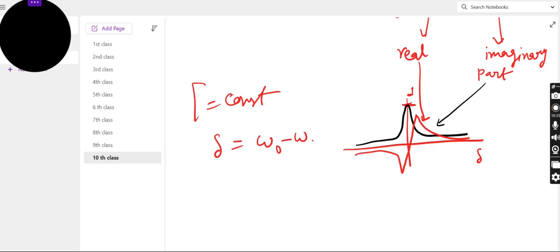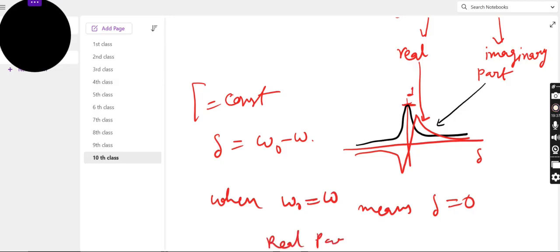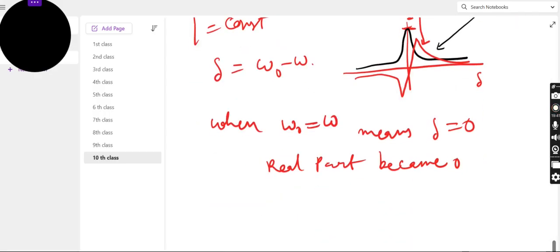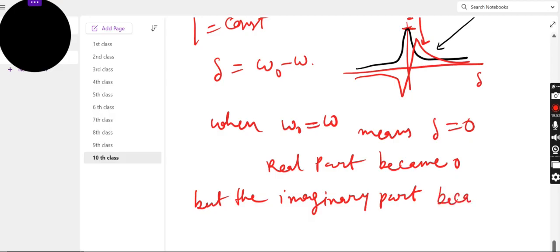So when omega naught is equal to omega, that means delta becomes 0. So the real part becomes 0, but the imaginary part becomes tau by tau squared, which is 1 by tau.